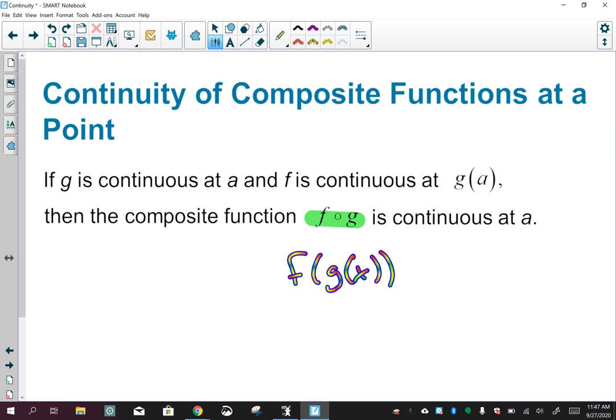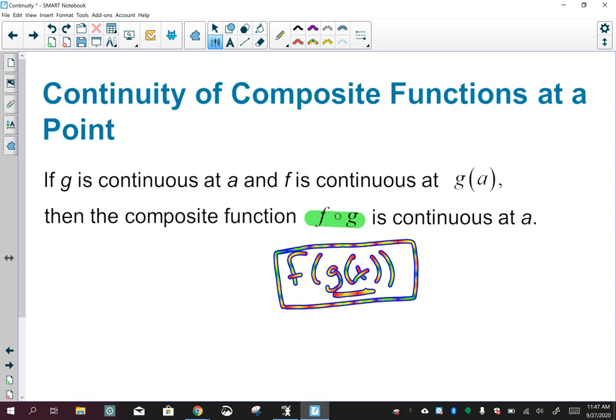If g is continuous at a and f is continuous at g of a, then the composite function f of g of x is continuous at a. So basically what we're going to do is look at our g function first, because that's what we're focusing on here. And we're going to find out, am I continuous at that function?